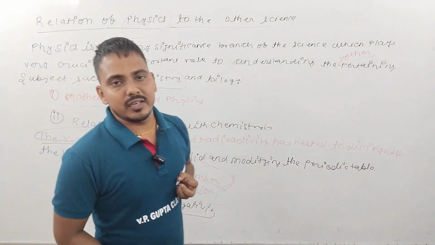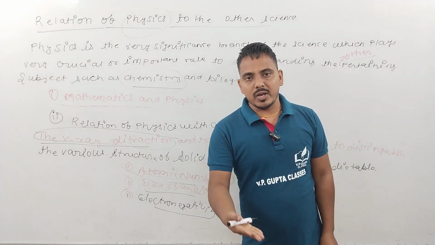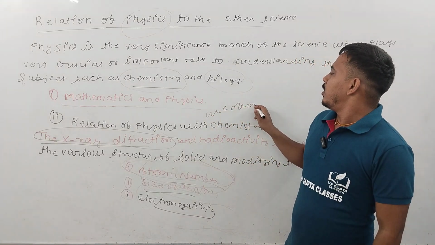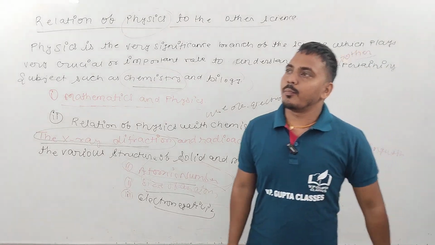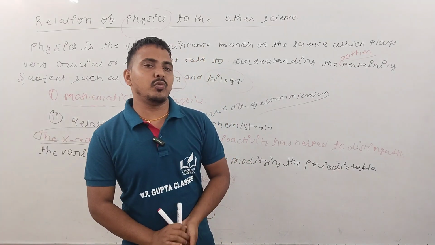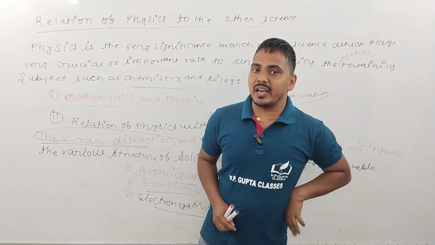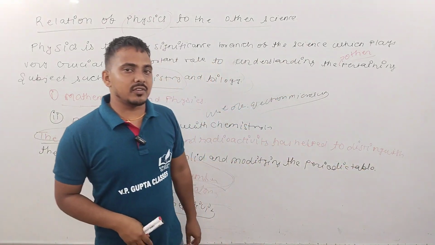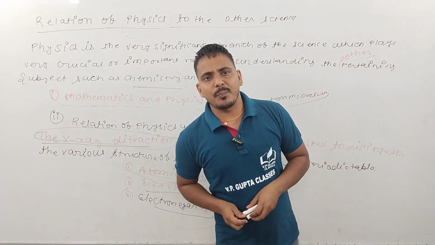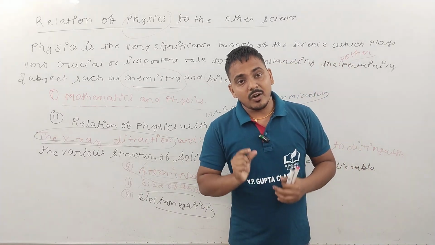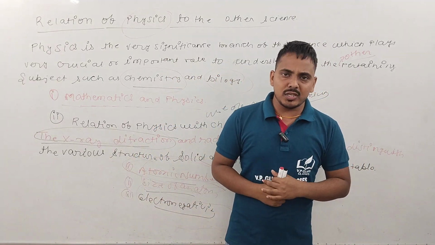But broadly, if you want to observe the size of an element, then you have to use an electron microscope. With the help of an electron microscope you can see how electrons are arranged in an element, and by this process scientists arrange the elements in the periodic table. Various properties are considered, but broadly, for observing any atomic or nuclear phenomena, you have to use an electron microscope.